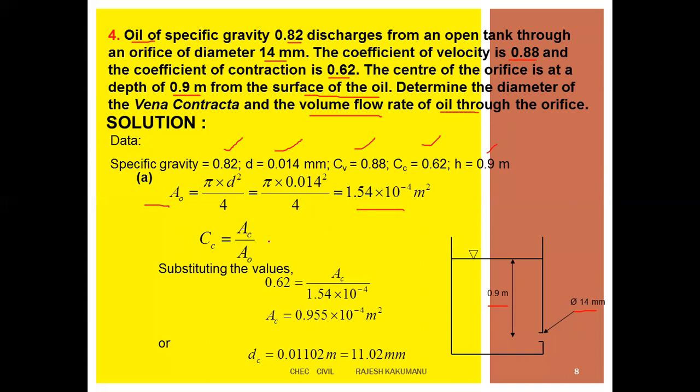Now, Cc, the coefficient of contraction, is equal to area c by area o. Substituting values, Cc is 0.62, then area of contraction by area of this orifice. Therefore, area of the orifice is 1.54 into 10 to the power of 4.